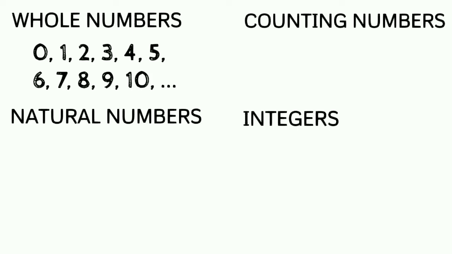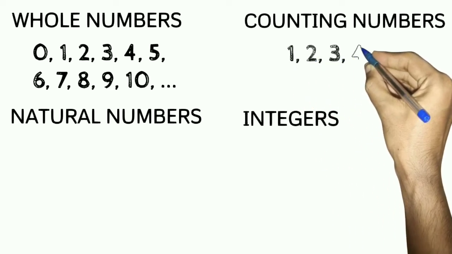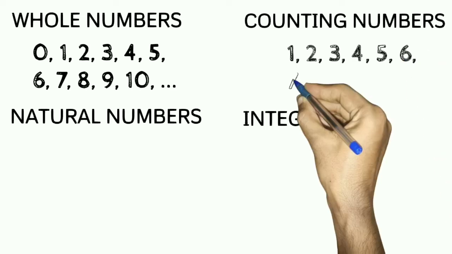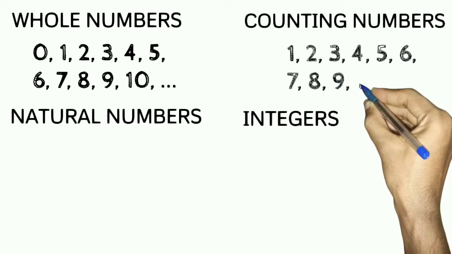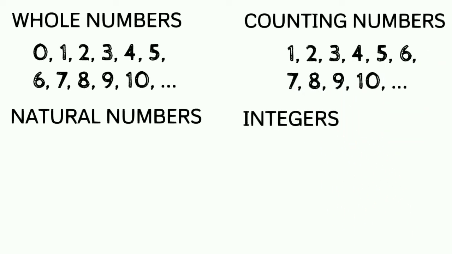So, ang counting numbers ay 1, 2, 3, 4, 5, 6, 7, 8, 9, 10, and so on. Bakit hindi kasali ang 0 as a counting number? Since ang 0 ay hindi nabibilang, that's why hindi siya kasali as a counting number.